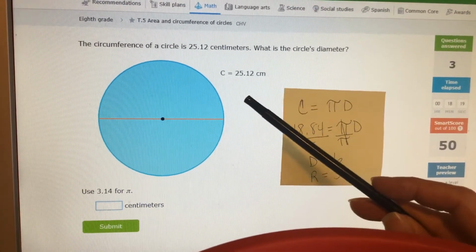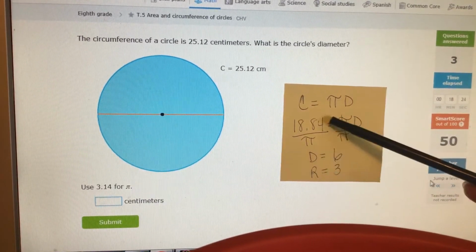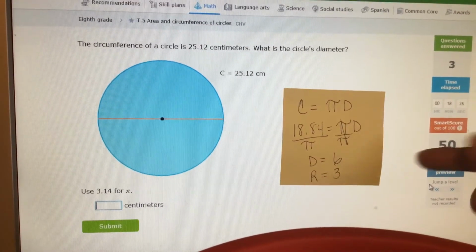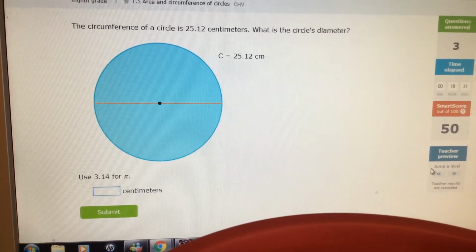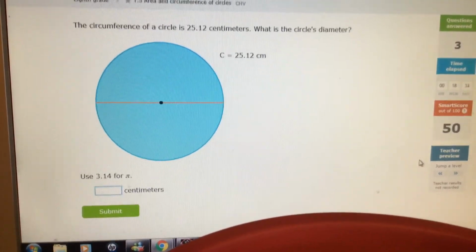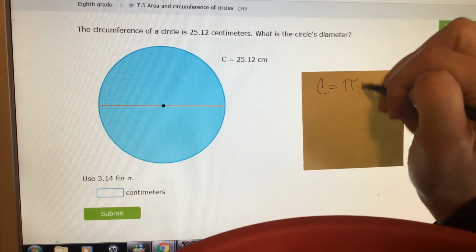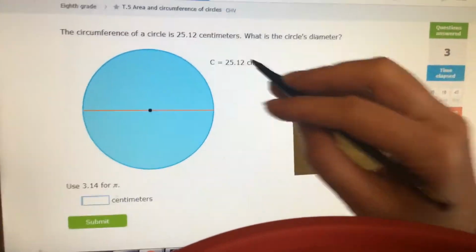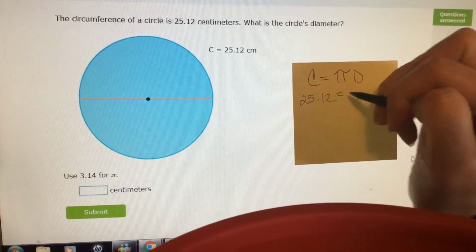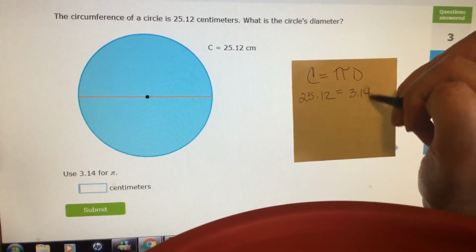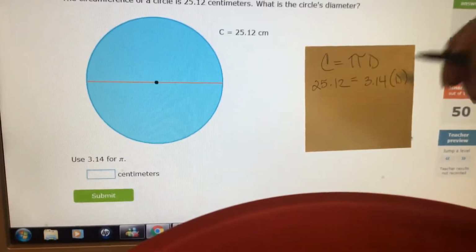Well, I'm going to put in the information that I do know. Circumference equals pi times diameter, right? The circumference in the formula is 25.12, pi is 3.14, and I don't know what the diameter is, right? That's what I'm trying to figure out. This is a D.